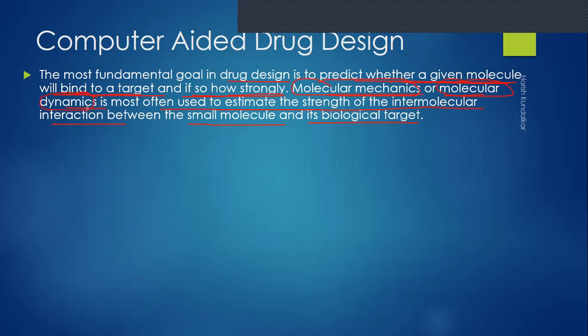Usually these two are the methods which are widely used for estimating the strength of intermolecular interactions between the small molecule and its biological target, and that is nothing but binding affinity.